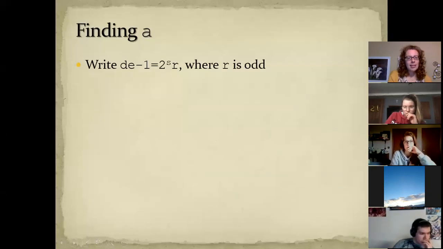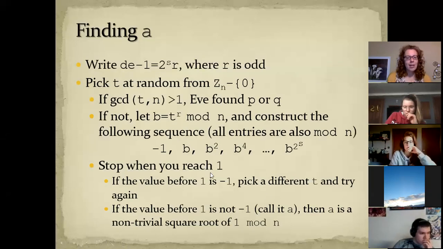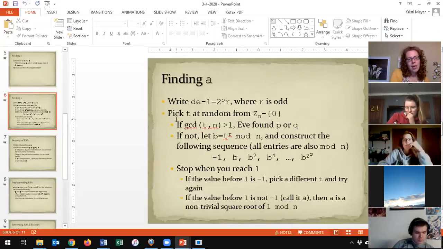Here's your process. If you have the value before 1 not being -1, then you've found a non-trivial square root of 1. But remember that you picked a value, we called it T here, we called it A in the Miller-Rabin primality test, at random. Sometimes that one doesn't work. So that's where this is coming from.